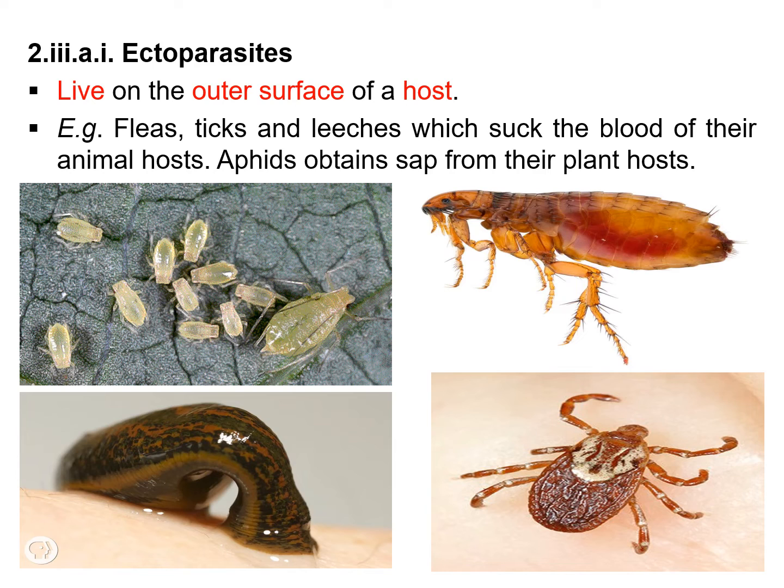As examples of parasites, we can see, for instance, ectoparasites, which live on the outer surface of a host. For example, fleas, ticks, and leeches, which suck the blood of the animal host. Aphids obtain sap from their plant host.